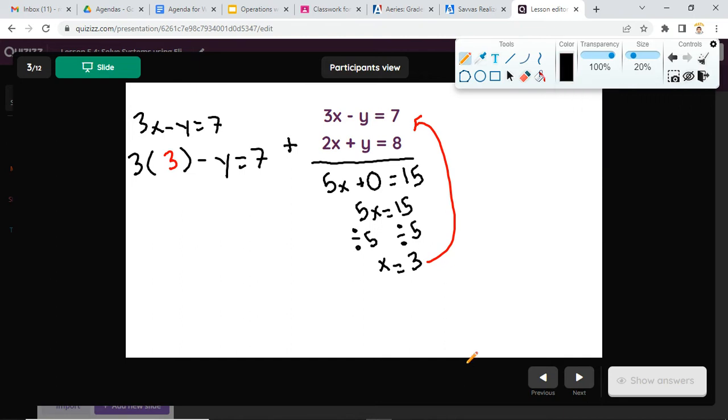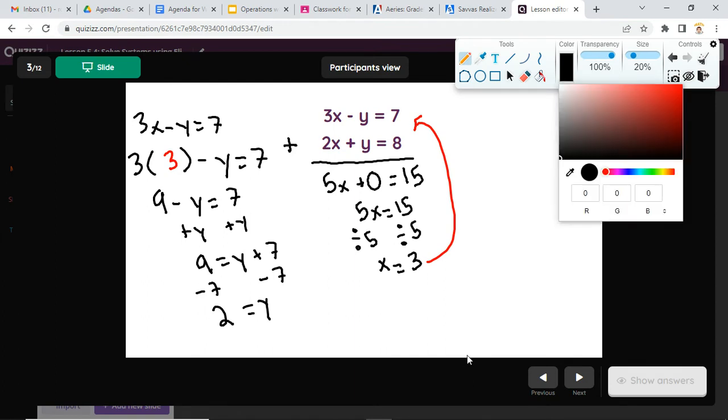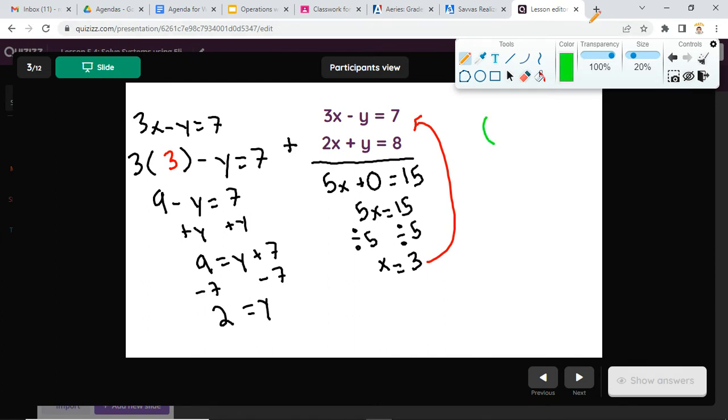Now I have 3 times 3 is 9, so 9 minus y is equal to 7. I'm going to add y to both sides, so I get 9 is equal to y plus 7. And when I subtract 7 from both sides, I get y is equal to 2. Alrighty, so now that I've gotten an x and a y, that is the solution to my system of equations. I can write it as a coordinate, x comma y, or 3 comma 2.